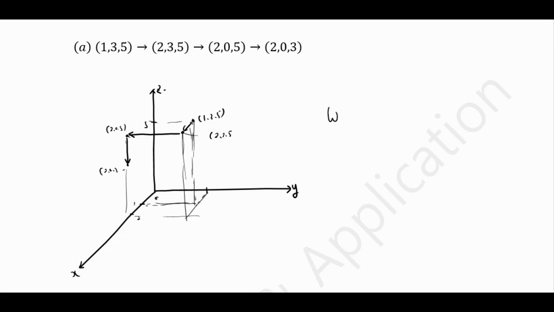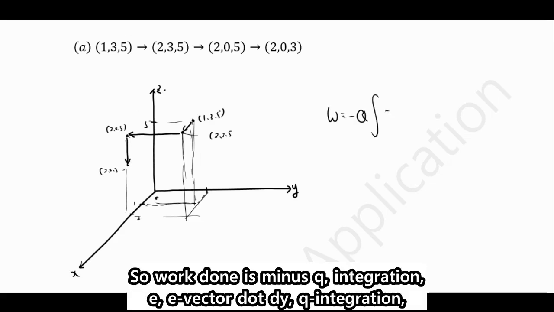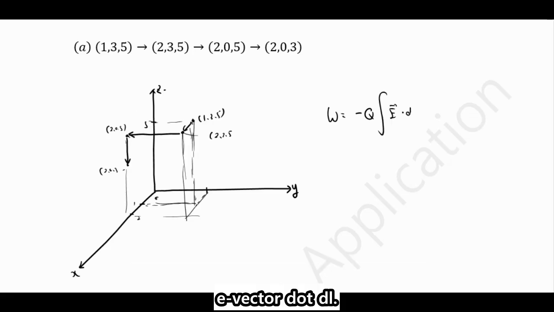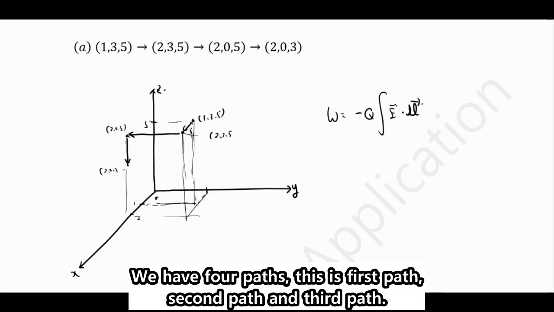The work done is minus q integration E vector dot dl. We have three paths. This is first path, second path, and third path.